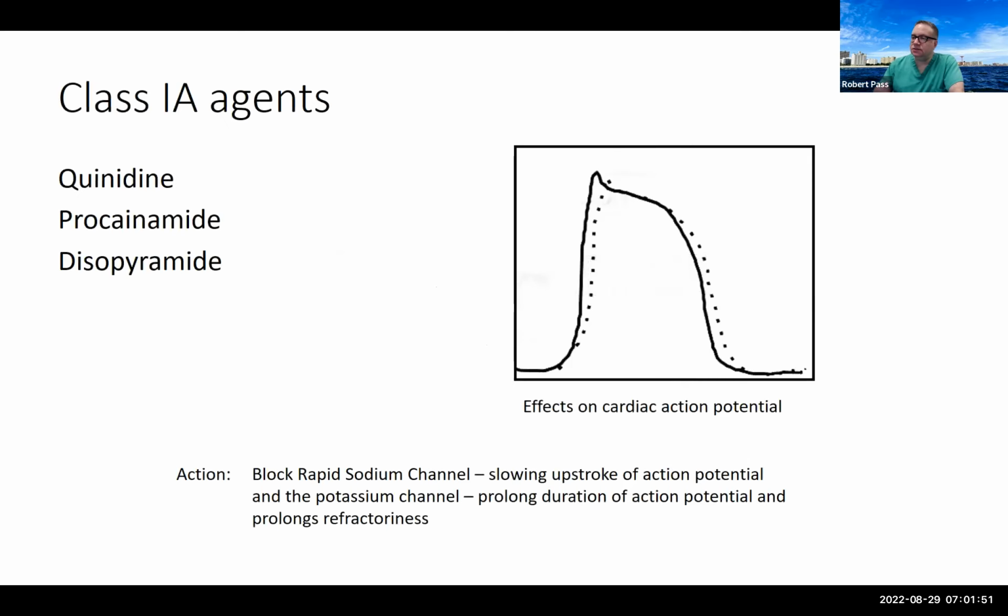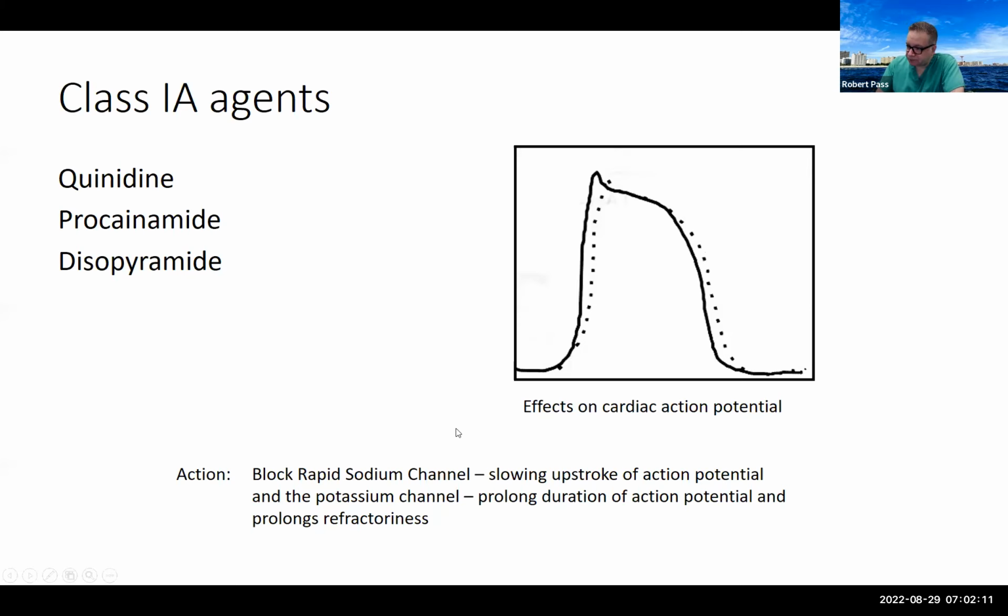Okay, so continuing on our drug review, we'll go over class 1A agents this morning. These include quinidine, procainamide, and disopyramide. These are the three main class 1A agents that we talk about.